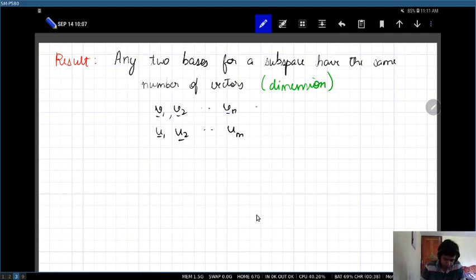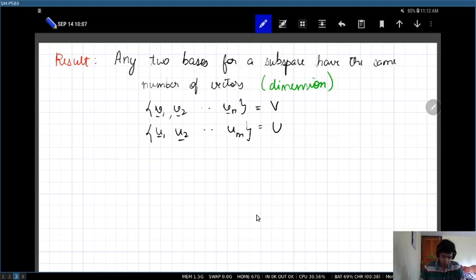Let me call this set capital V, and this set capital U. So suppose that both of these form a basis for the same vector space.